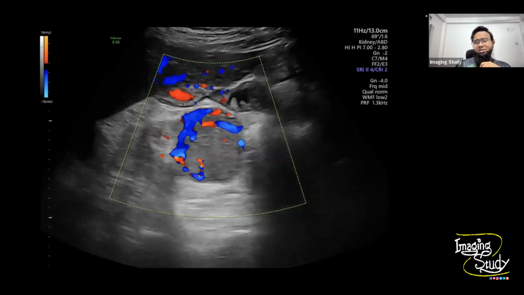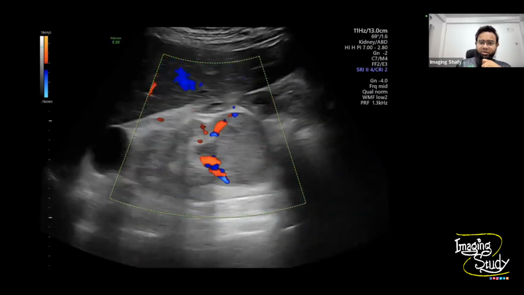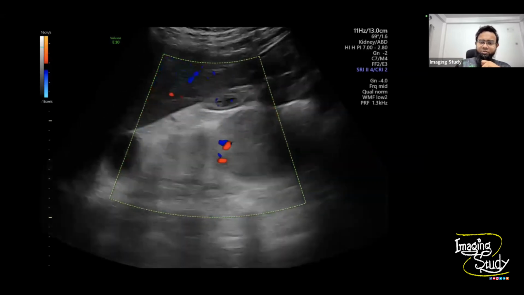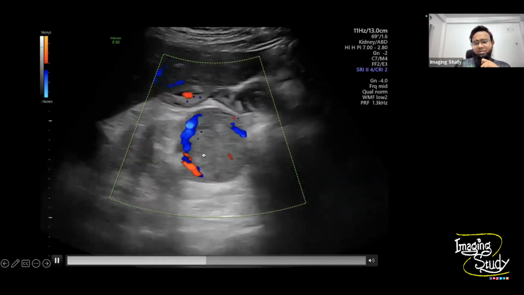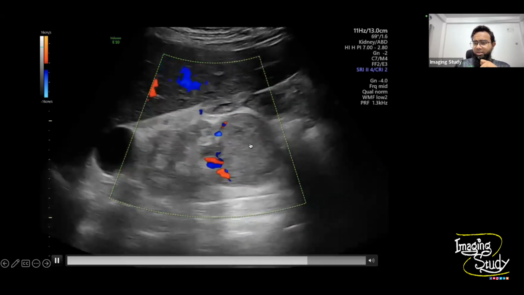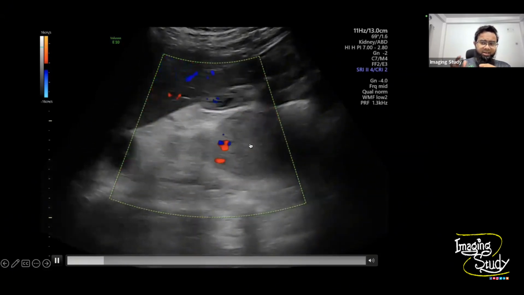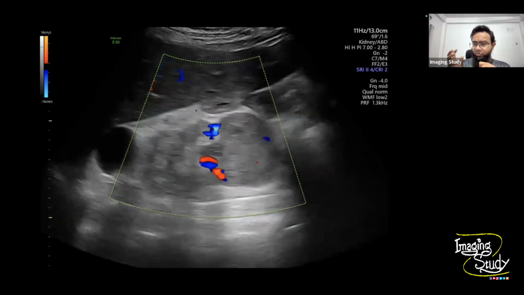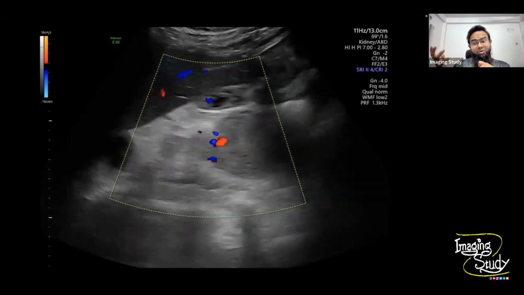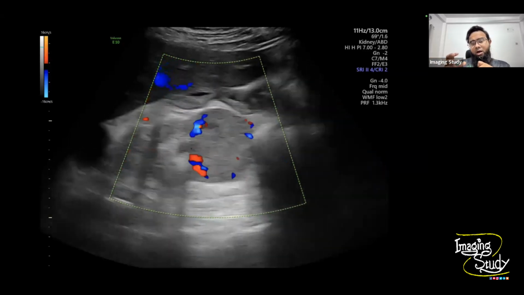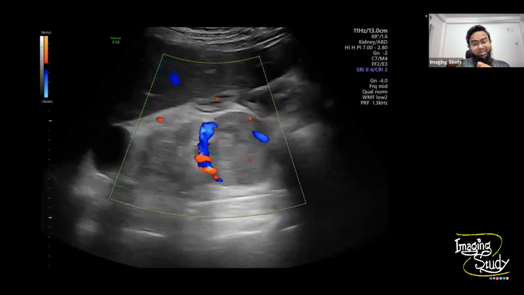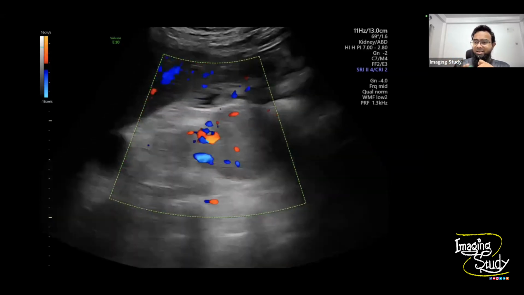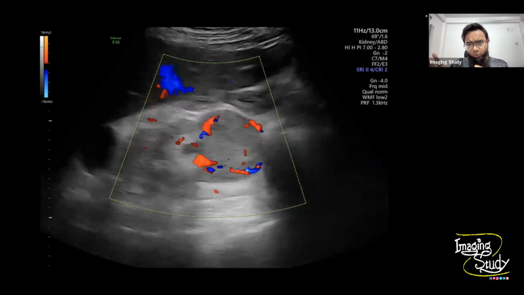On Doppler, you can see there is a good amount of vascularity. You can see prominent peripheral vascularity, and some penetrating vessels going inside. If you follow the Zwiebel classification of renal mass vascularity, which is the sonographic vascularity criteria, then it is at Zwiebel class 4.